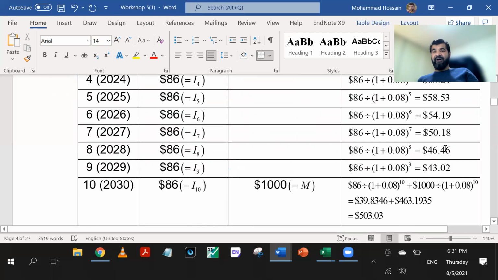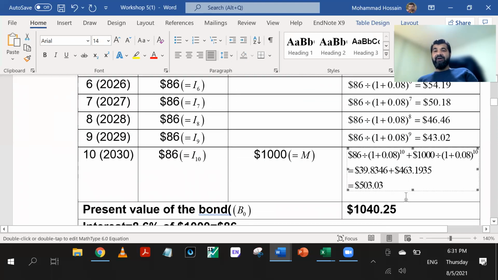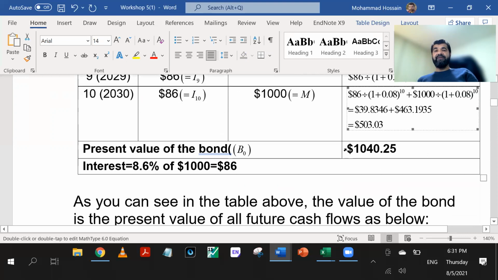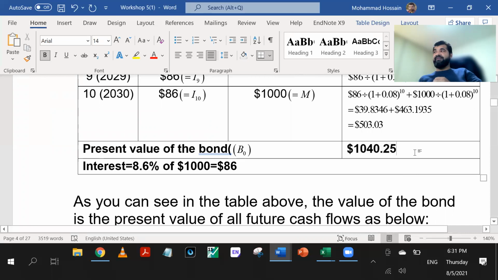If you add up all these numbers, altogether the value is actually $1,040 today.